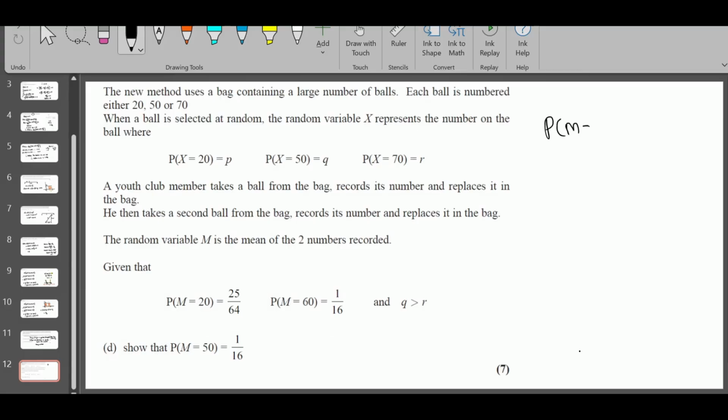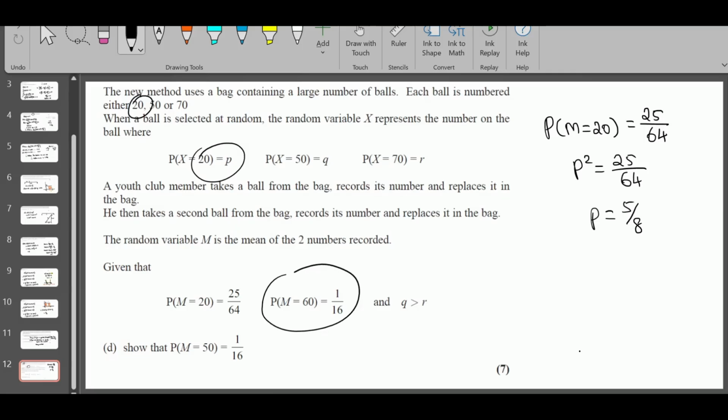Probability of mean 20 is 25 over 64. So how do you get mean 20? What are the 2 numbers you can take? 20, 20, right? For 20 the probability is P, so it should be PP. P squared is this, so P is the square root of this. Then what are the 2 number combinations that give you mean 60?